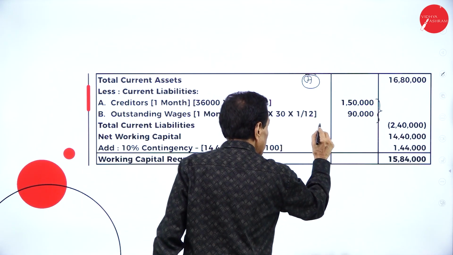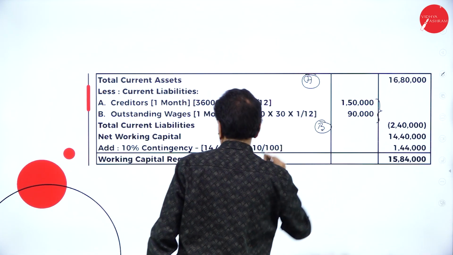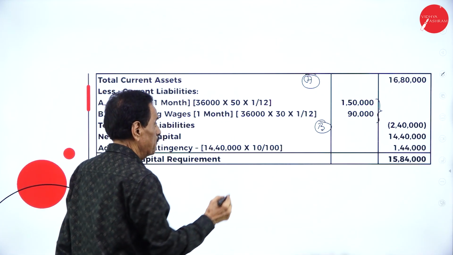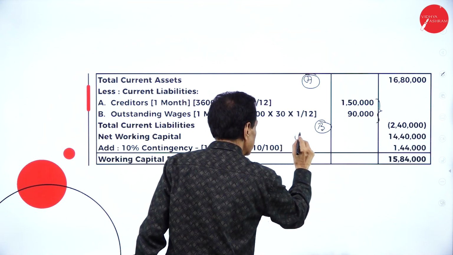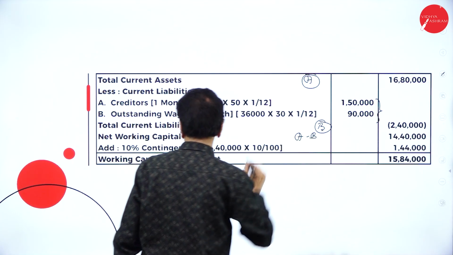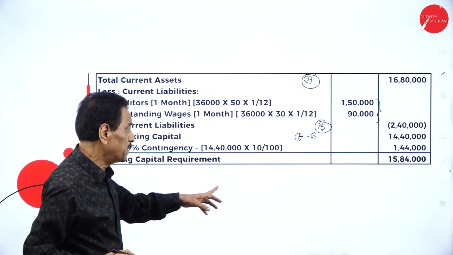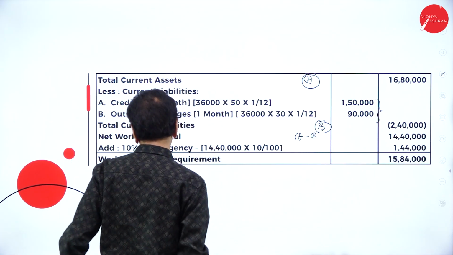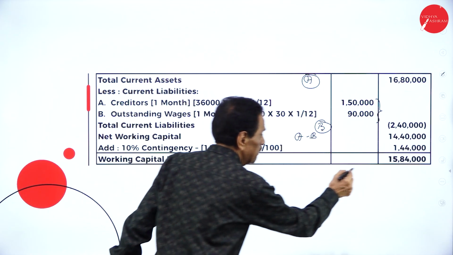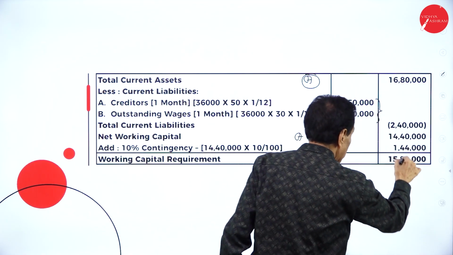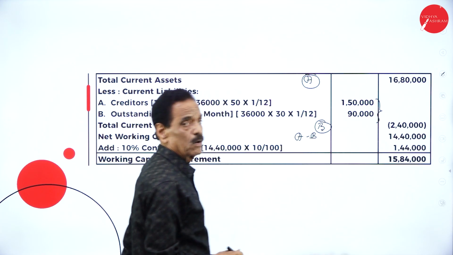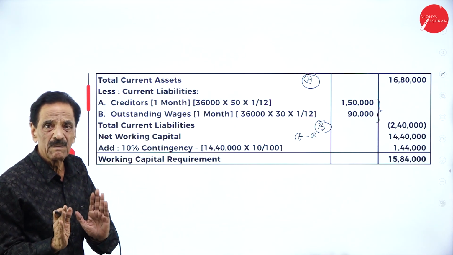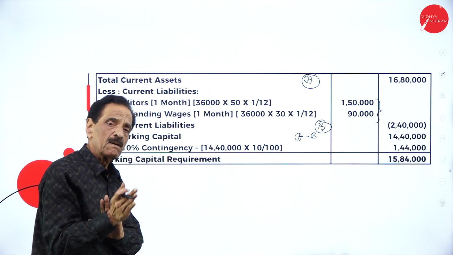Total current liabilities. Then net working capital, A minus B. Then at 10% contingency, it is 1,44,000. So the working capital requirement becomes, if you add this figure, 15,84,000. Very simple, but it depends upon production.